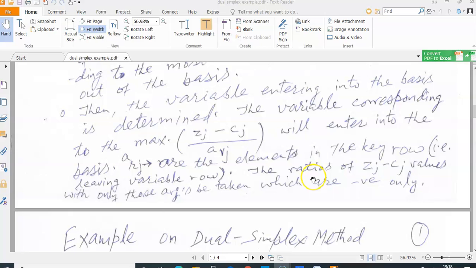The ratios of Zj minus Cj values are taken only with those arj which are negative. For positive or zero values we do not compute this ratio. Once we find those ratios, we take the maximum of them, and the variable corresponding to the maximum will enter into the basis.